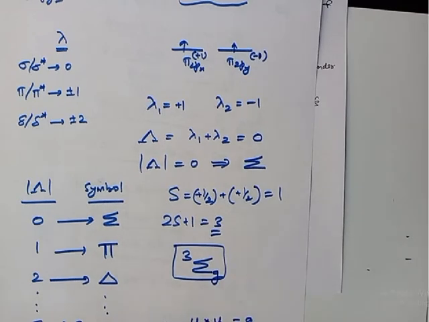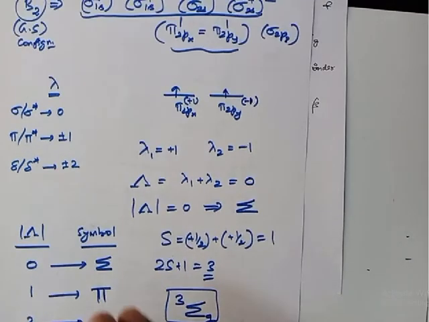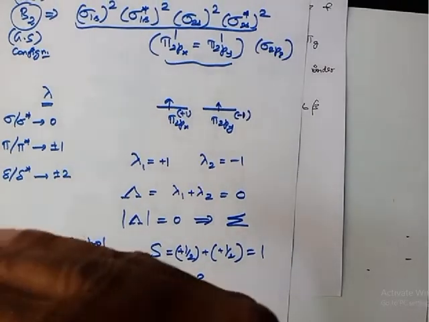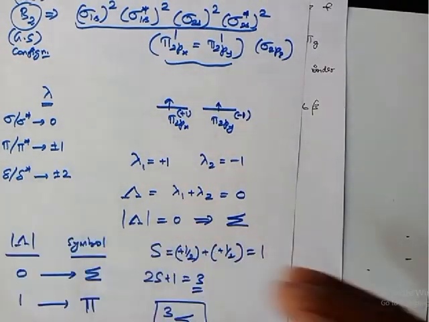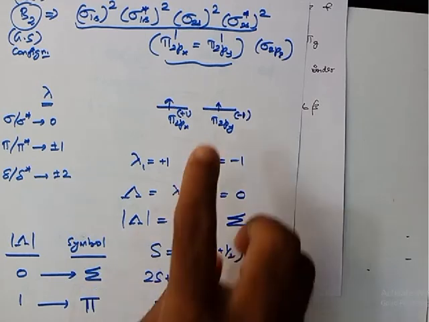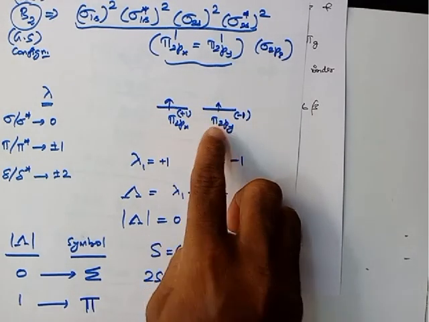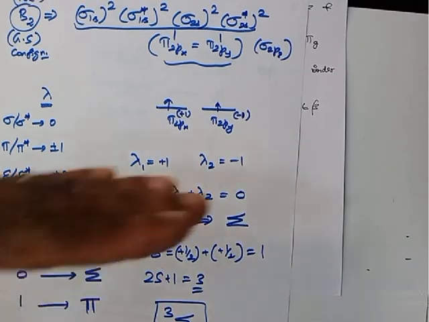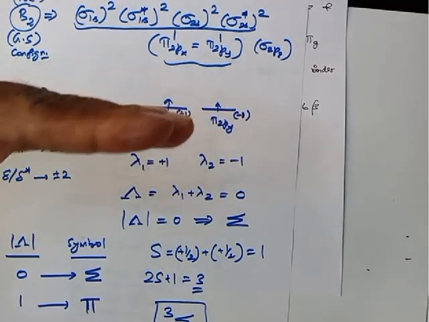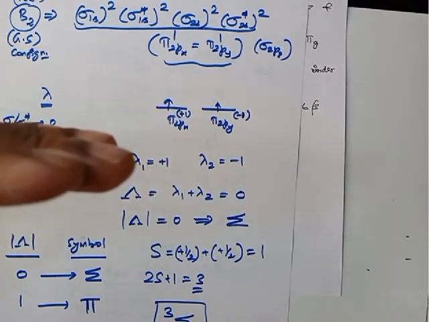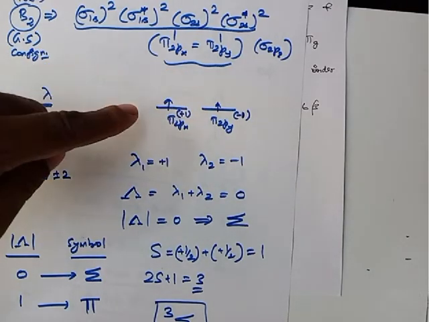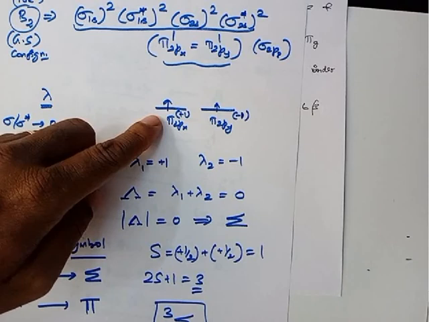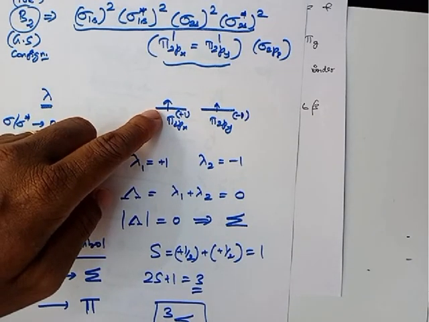Okay, to find plus and minus, what we should do, we should place a mirror plane along the internuclear axis. You know very well the pi 2px and pi 2py orbitals, they are perpendicular to each other. So if I place a plane in the pi 2px orbital, suppose the plane passes through the lobes, then it is symmetric with respect to the plane, therefore you will get plus 1.